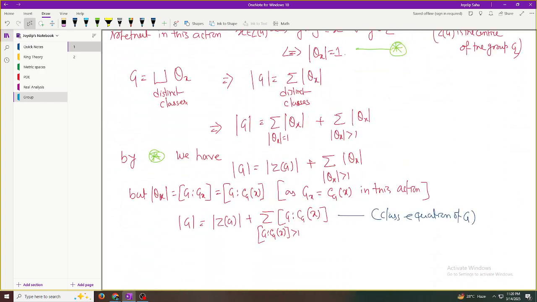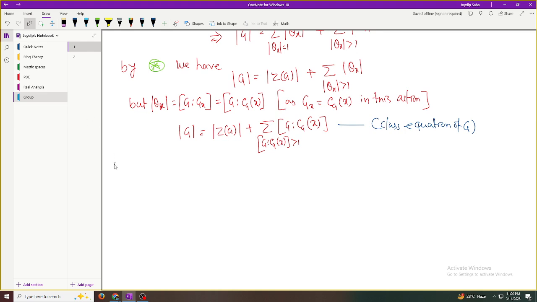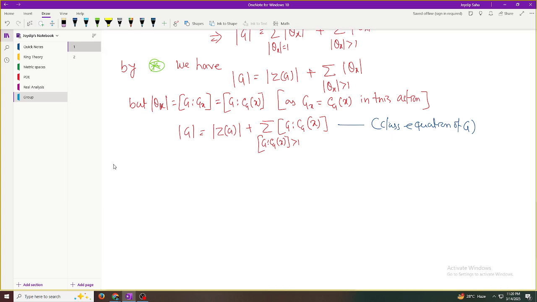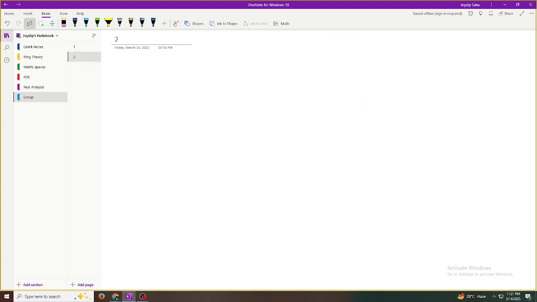So note that also here, the number of conjugates of x in G is Ox equals to, so the index of the centralizer is the number of conjugates of x in G. Okay, this is very important.